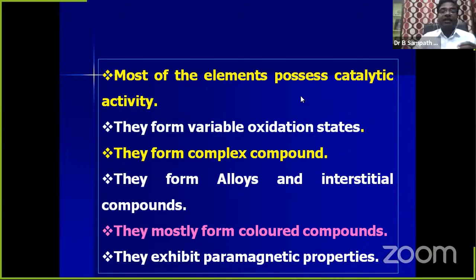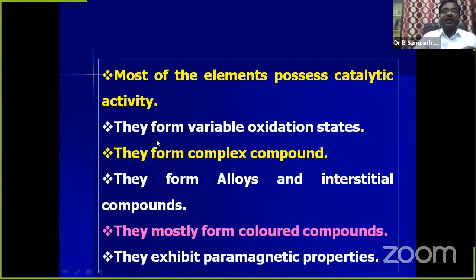Most of the elements possess catalytic activity. They form variable oxidation states. They form complex compounds. And they form alloys and interstitial compounds. And they mostly form colored compounds. And they exhibit paramagnetic properties.